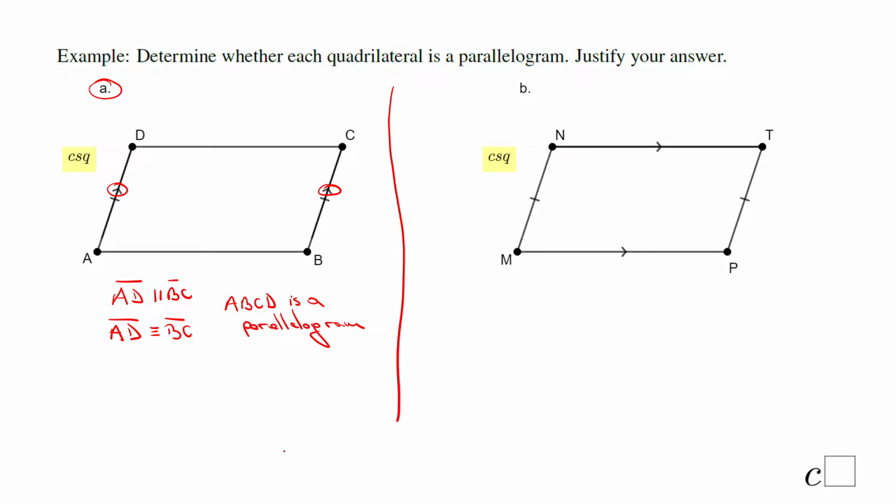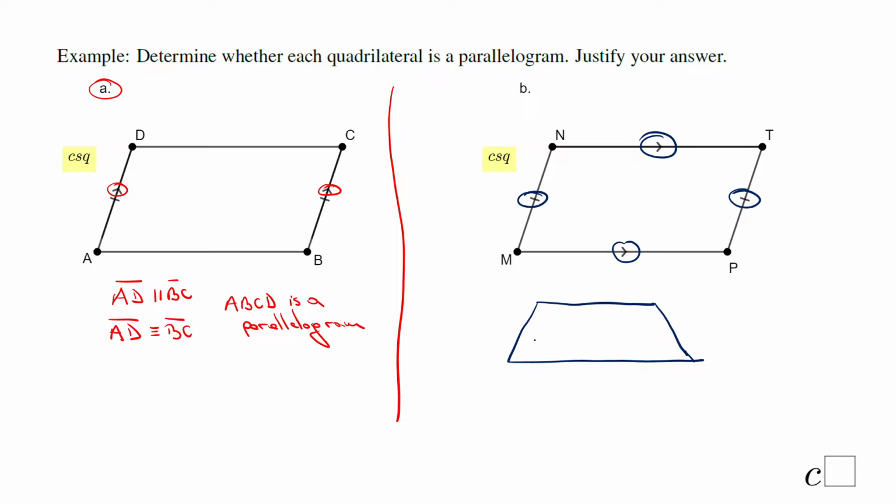Let's take a look at part B. On part B, we need to be careful, because if you notice, yes, these two sides are parallel, but then these two sides are congruent. That doesn't mean this is a parallelogram. And I'm going to draw here a picture to show you a case where this condition will not give a parallelogram.